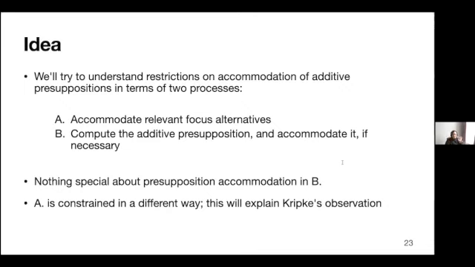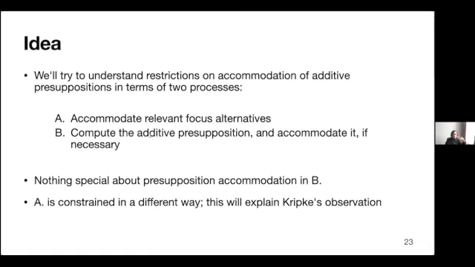But our thought here is that knowing that the consequence of accommodating a focus alternative has an effect on the additive presupposition actually helps you identify what's the relevant focus alternative. So B kind of feeds back to A in a way, or you use B, core linguistic knowledge, in order to resolve A, and maybe potentially vice versa, if you have to accommodate this part. Okay, so that's our view of how this thing actually happens.